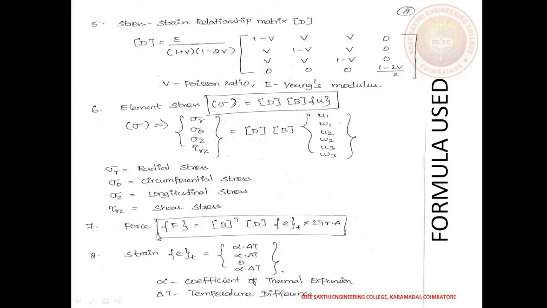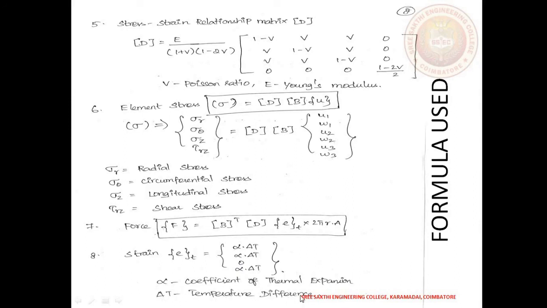The next one, the seventh formula, is force. Suppose in the question they ask about the force vector, the load or force. So how should it be calculated? The force vector is equal to B transpose D strain of T into 2 pi r into A. Okay, the strain due to temperature has a formula: alpha into del T, alpha into del T, 0, alpha into del T. Alpha is nothing but the coefficient of thermal expansion.